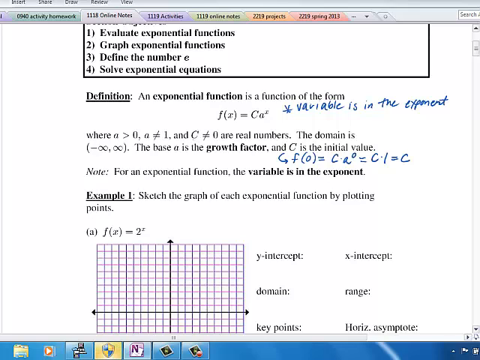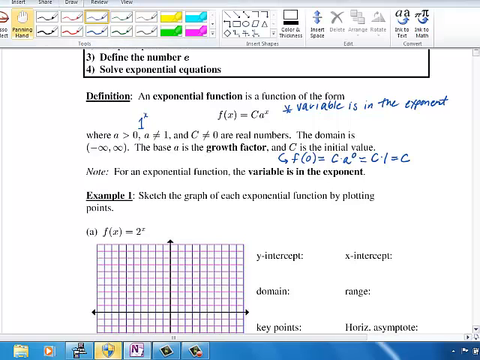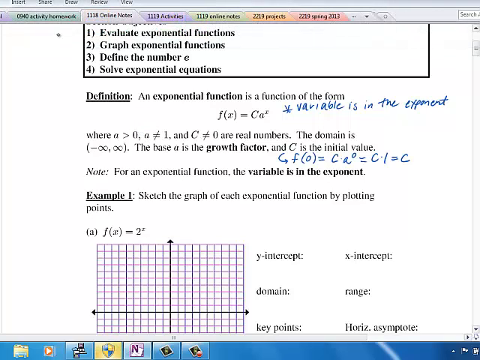That one's pretty obvious. If c is 0, we would just have 0 times a to the x, which would always be 0. And if a is 1, 1 to any power is always going to be 1, so that would not be very interesting either. So we'll talk eventually about why a should be positive only, but we'll save that for a little bit.